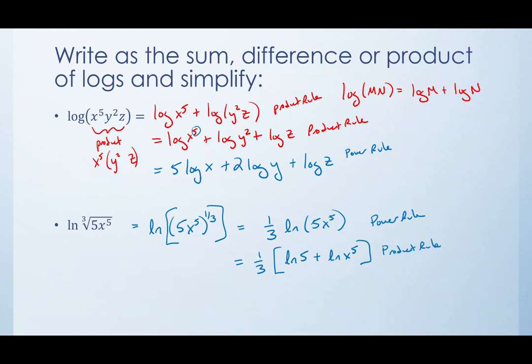And so that 1/3 is multiplying both of those, and that tends to get dropped a lot of times. So I'm going to go ahead and distribute that. And now I'm going to use my power rule again with that 5th. So we're going to have 1/3 times 5, so 5/3 ln x. If you had changed this to be 5 to the 1/3 times x to the 5/3, you're still going to get to the same place in the end. It's all good either way.